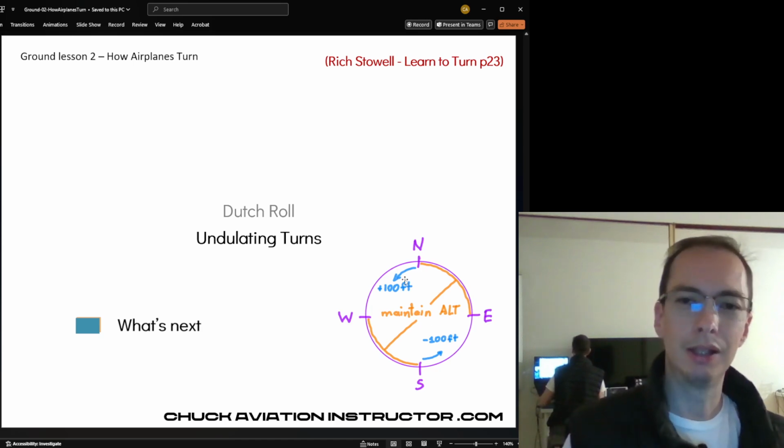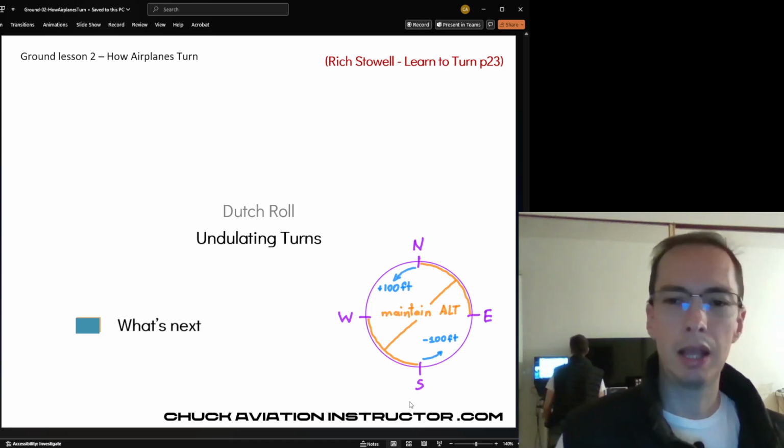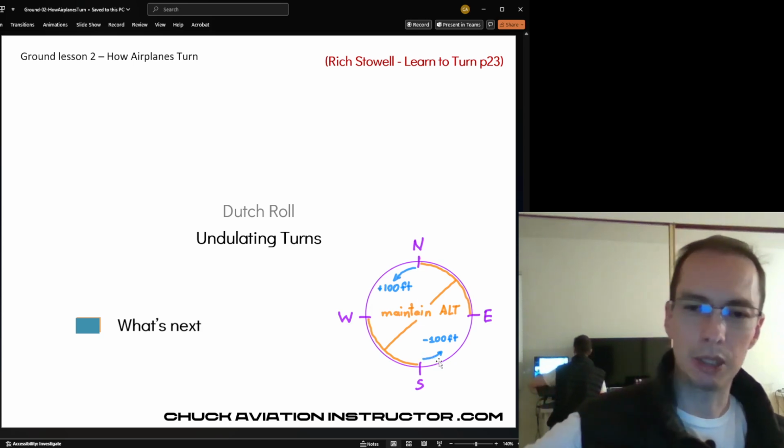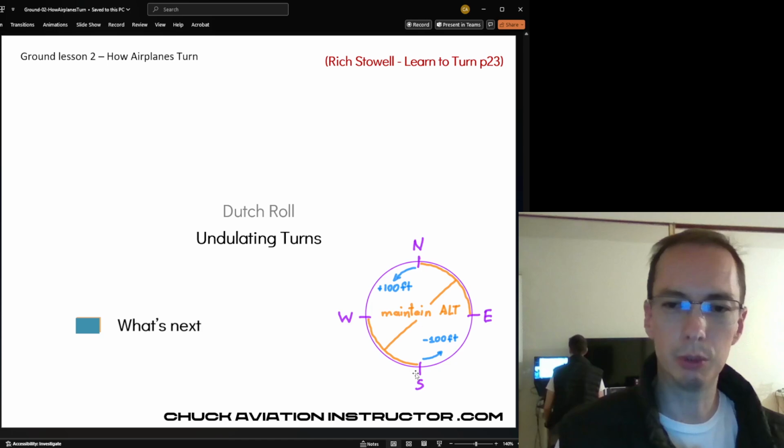But the first time I meant allows you to climb without ballooning, and the second time allows you to descend, but without descending much further from your target altitude.